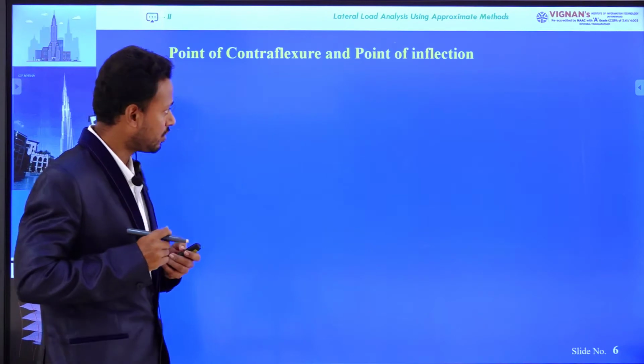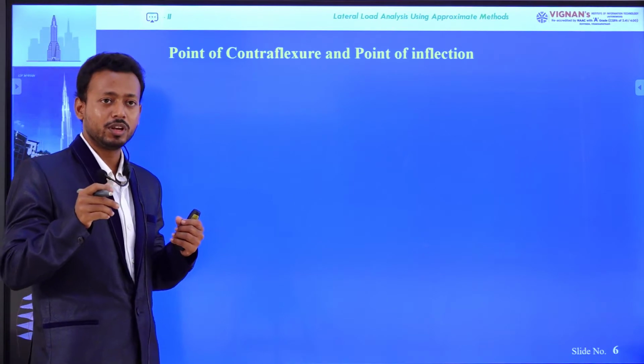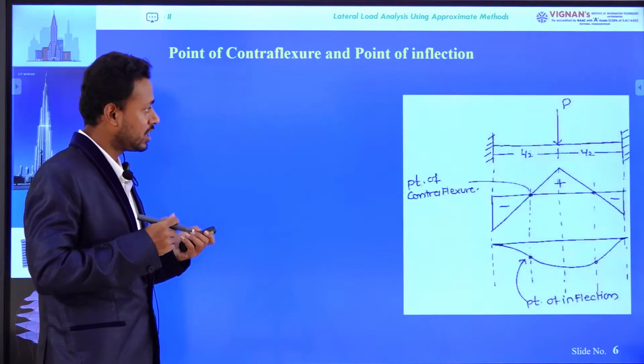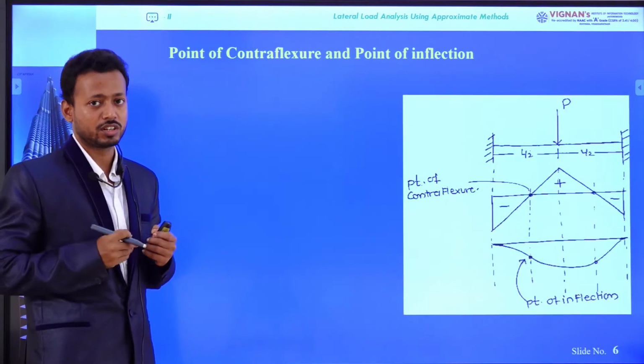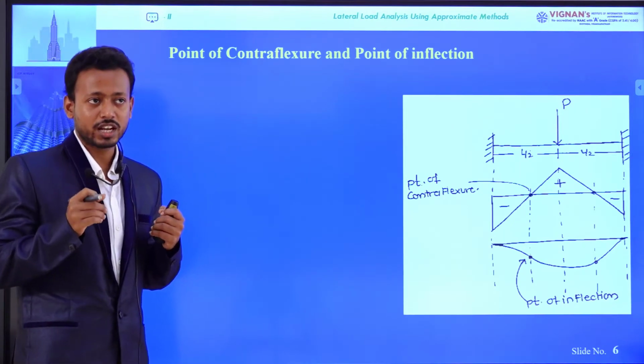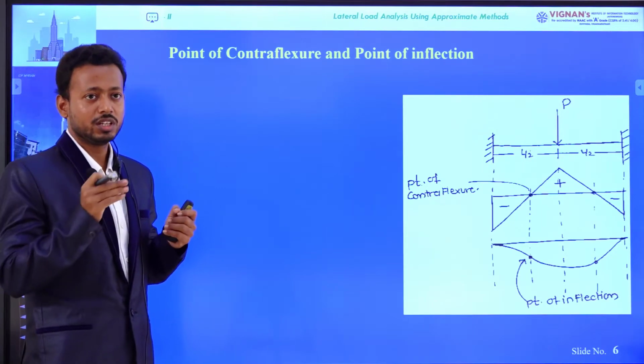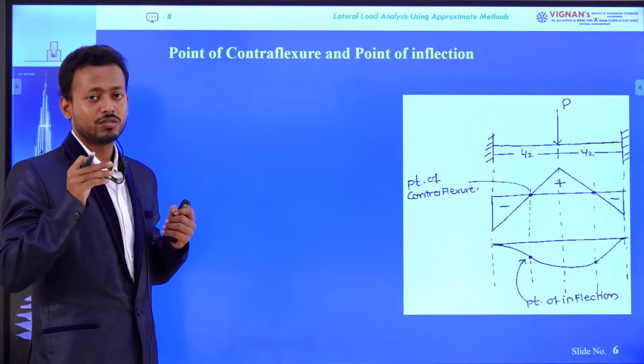What is a point of contraflexure? There is a misconception among people that the point of contraflexure is the same as the point of inflection. So today I will clear this misconception, so that when you face an interview or any competitive exam, this concept will be worthwhile for all of you.